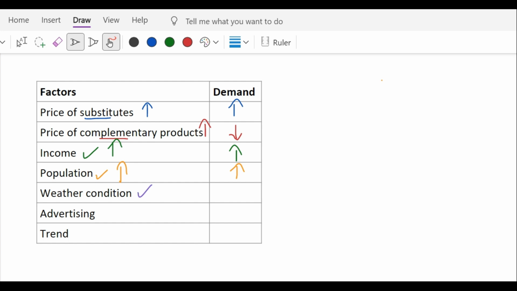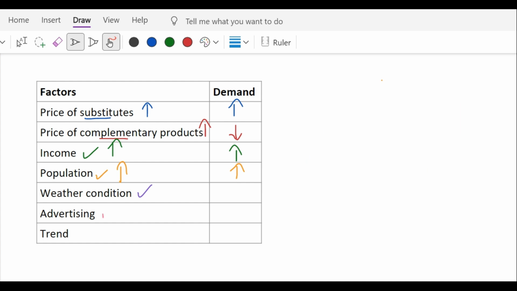Then we have weather condition. Let's say that there is rainy weather these days. If it's raining, then the demand for raincoats will increase. But if it's sunny, the demand will decrease. So the weather condition factor might depend on the product, in this case, raincoats.